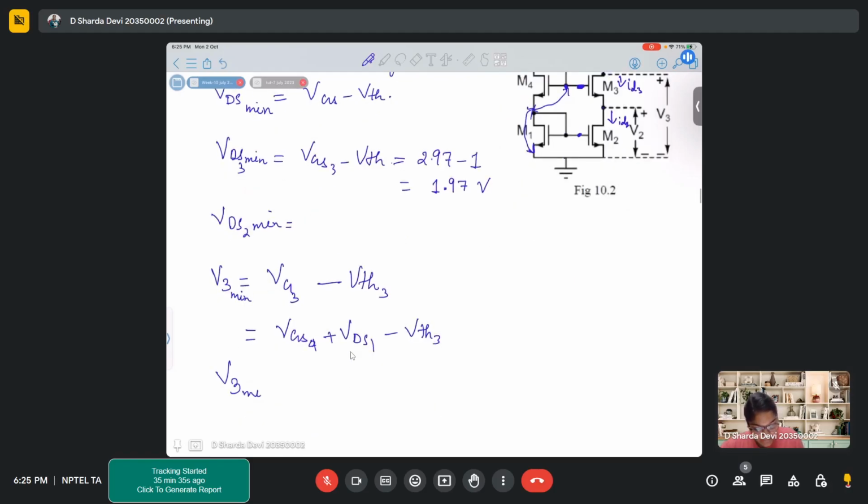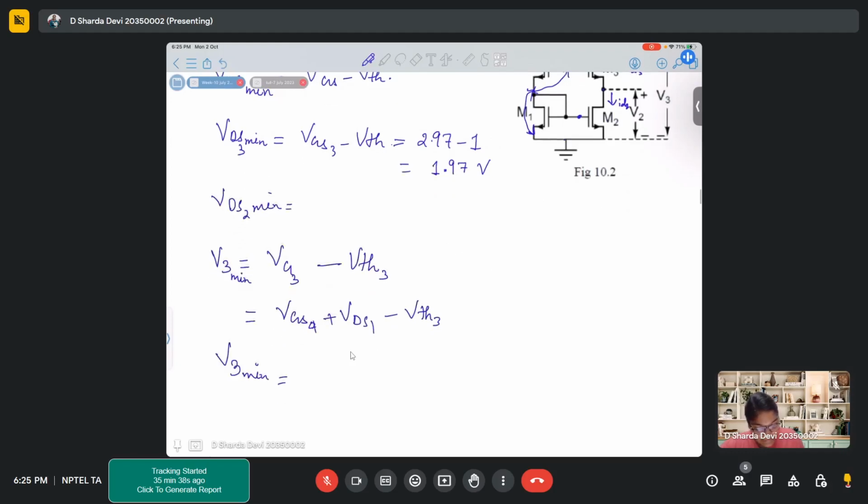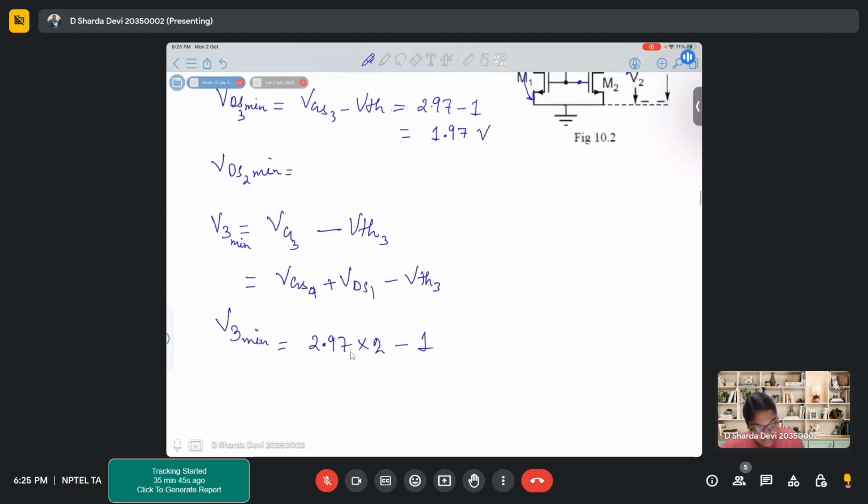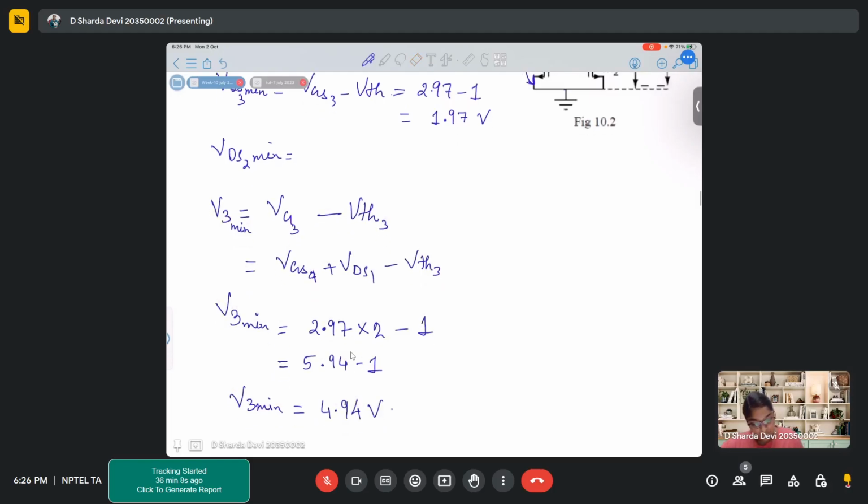So V3 min is 2.97 into 2 minus 1, which is 4.94 volts.